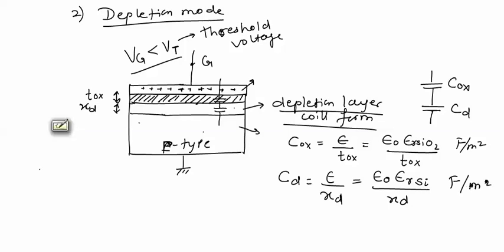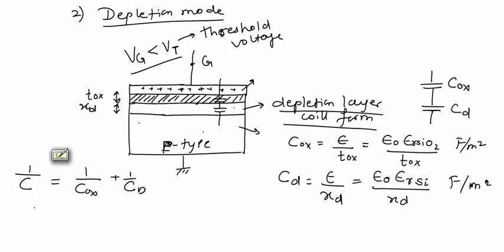The total capacitance in depletion mode will be C equal to 1 upon... the total capacitance C is the series combination of both the capacitances, will be written as 1 by C equal to 1 upon C oxide plus 1 upon CD.